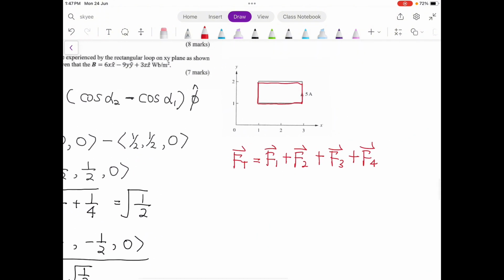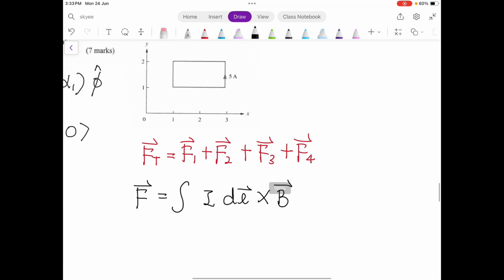Now what is the formula for the F? If you want to find the force acting on a current filament, the general formula that you have to use is this one: integrate I dl cross with the B.